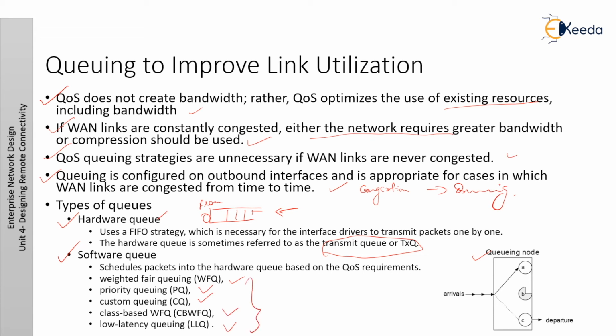These are the types of queue coming under software queue. So let us discuss each in small detail so that you may be able to understand what is weighted fair queue, priority queuing, custom queuing, class-based weighted fair queuing, and low latency queuing.